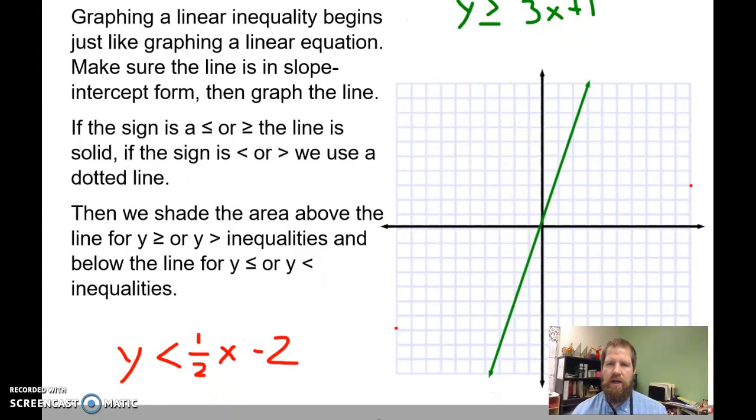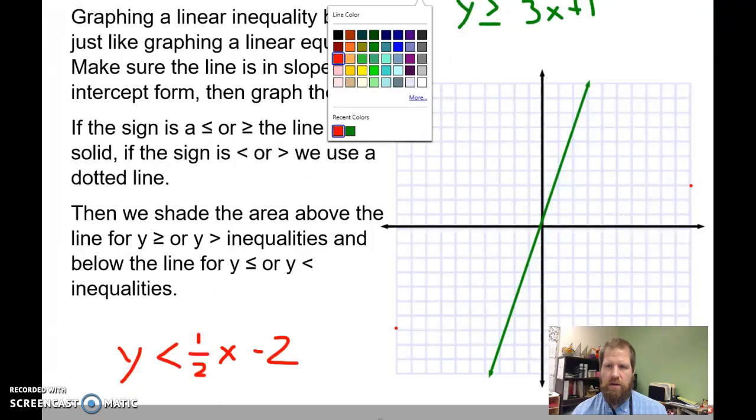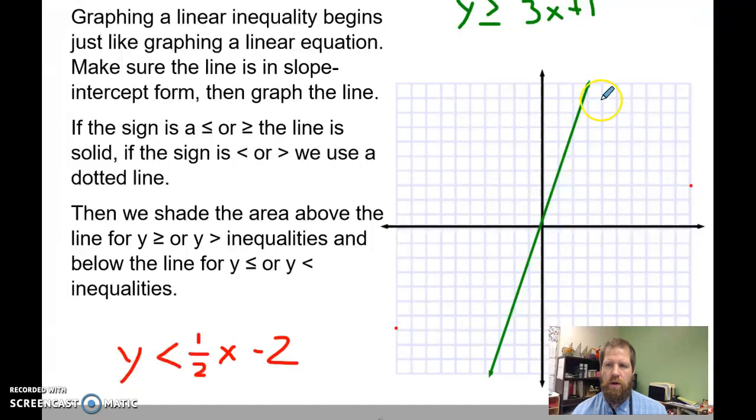The next part is we are going to shade one half of our coordinate plane. It's going to depend on our sign whether we're shading above the line or below the line. We're going to shade wherever our solutions are.